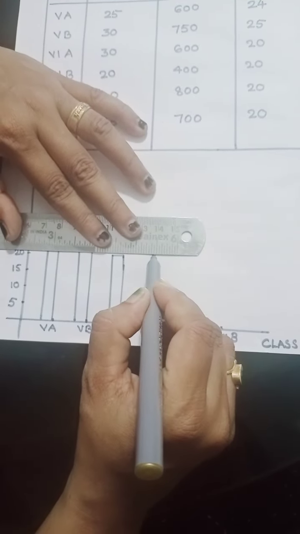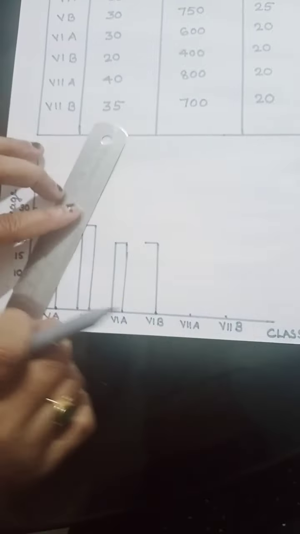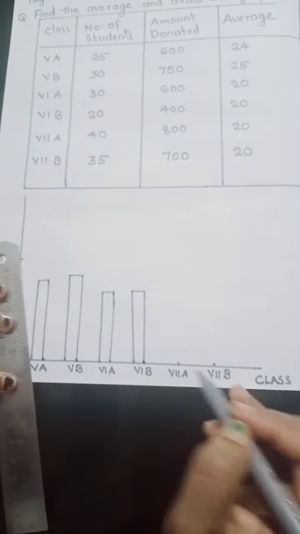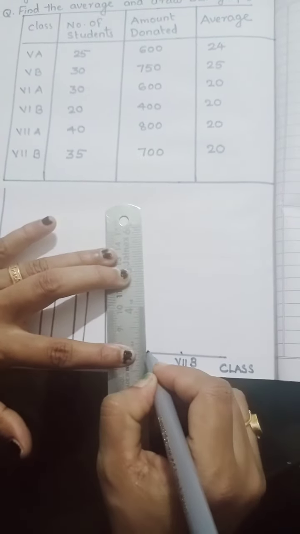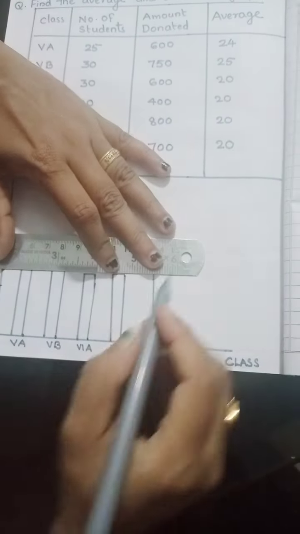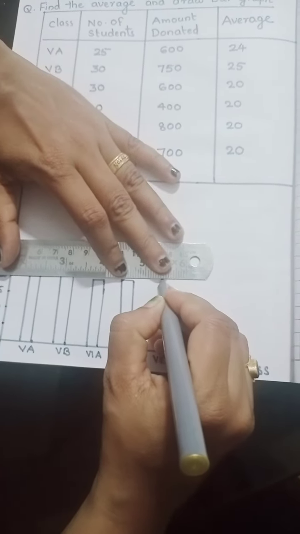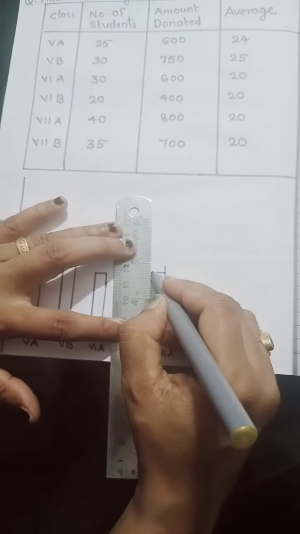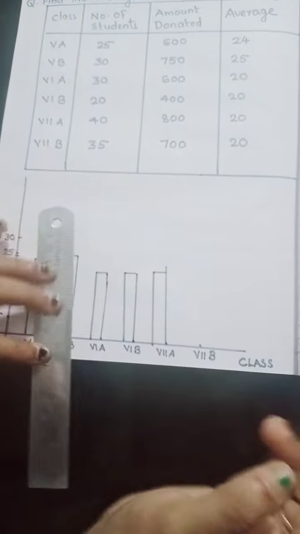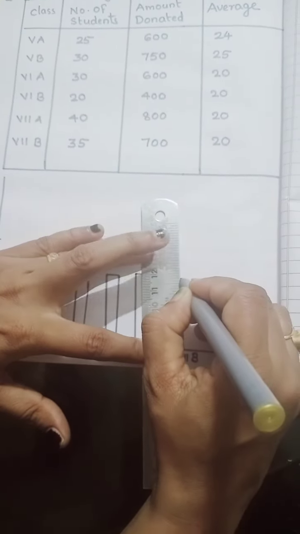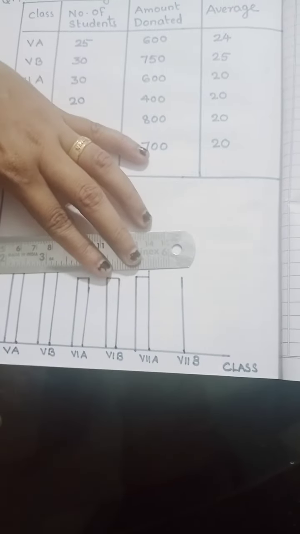Check, this is 20. 6B, 20. The next we have 7A, which is also 20. So draw a straight line up to this much. You must draw it with a pencil, so that you can rub the unwanted portions. The 7B is also 20, up to 20.